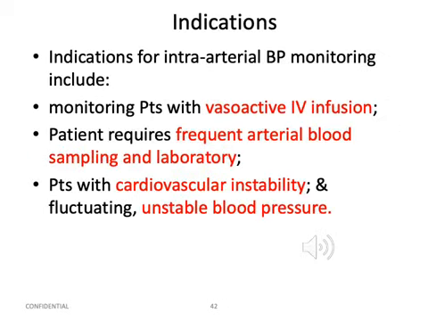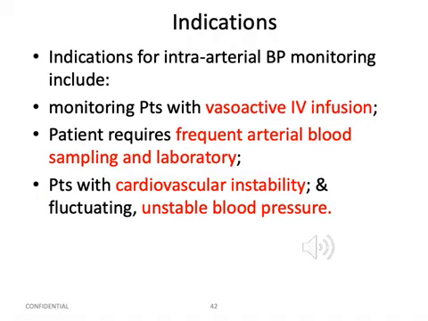So what are the indications for intra-arterial blood pressure monitoring? Okay, which patients might need continuous recording of the blood pressure? These are patients usually on vasoactive IV infusion, so we want to see their response to the medication. Patients who might need frequent arterial blood sampling, for example a patient on a ventilator where we need an ABG reading every hour.